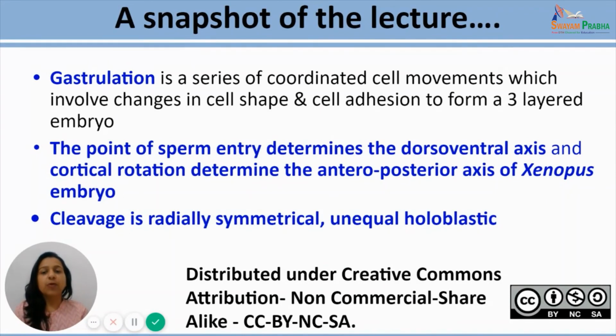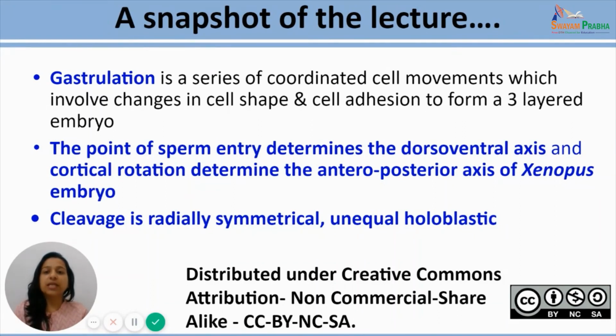That is, the point at which sperm enters becomes the ventral side of the developing embryo, while the side 180 degrees opposite to it forms the dorsal side. And another phenomenon, cortical rotation, determines the antero-posterior axis of the Xenopus embryo, which also shows the Gray Crescent area being developed. Though the Gray Crescent is not formed in Xenopus, it is formed in many other amphibian embryos.